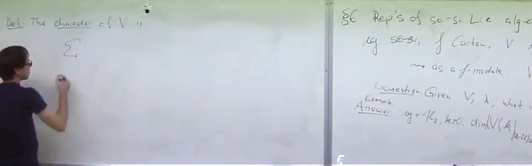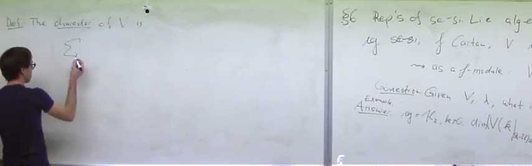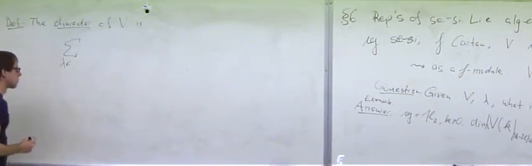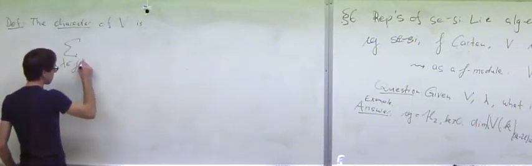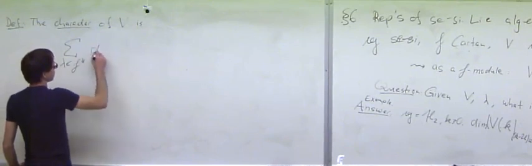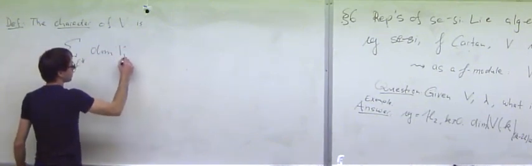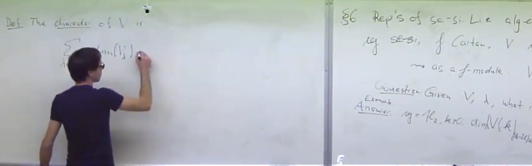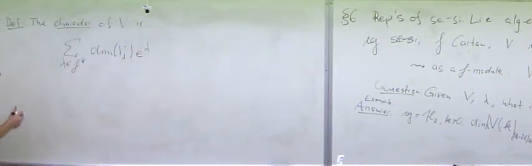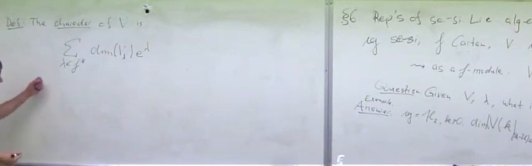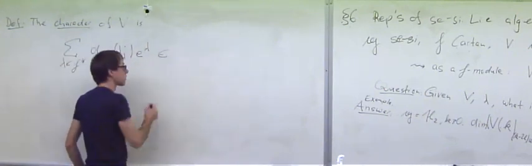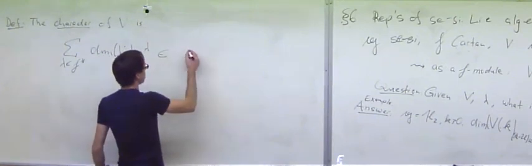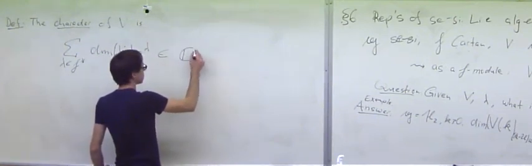So this would be the sum over all lambda in, I can also take all linear forms on H, and just take the dimension of V_lambda and write e to the lambda. And again, everybody agrees that this is the character, but there are different interpretations of what this is. So you can view this as an element of the formal group algebra C[P].